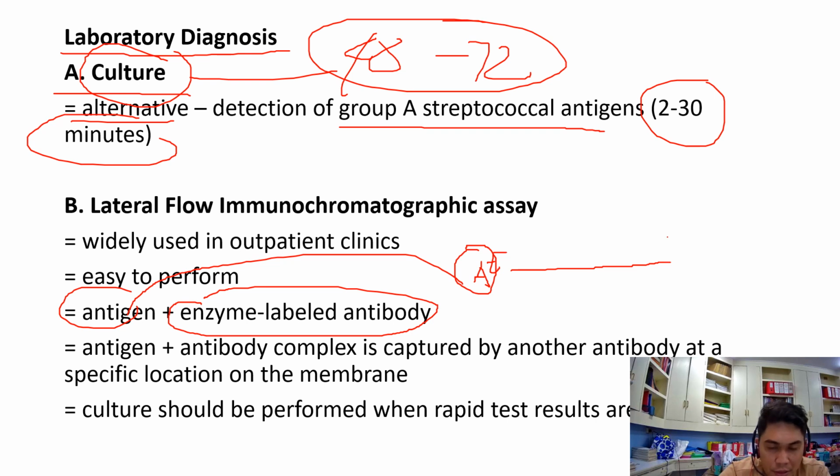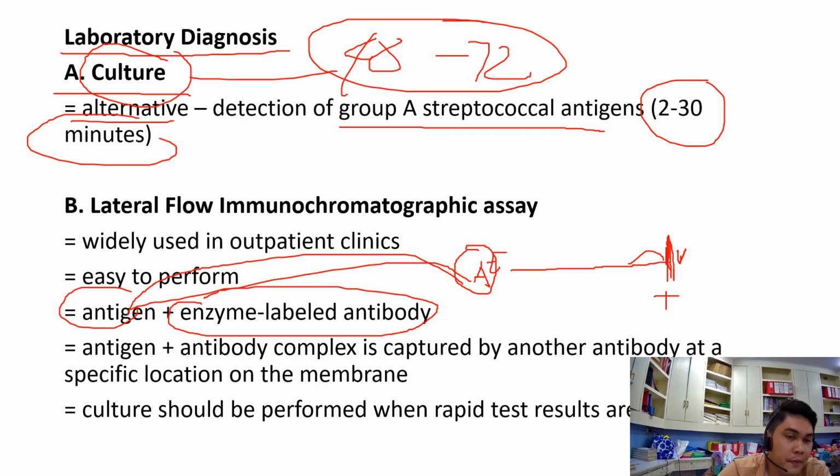And at a certain point, the test region is coated with antibody that will capture the antigen-antibody complex. So if there's an antigen-antibody complex, the second antibody present in the test region will react with it, resulting in color development or line development in that test region.